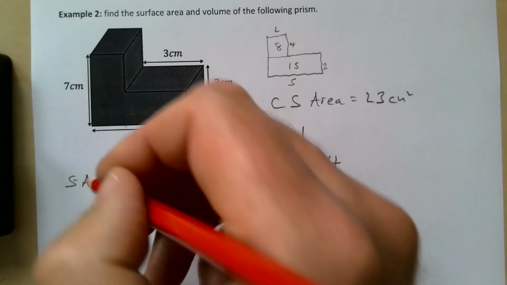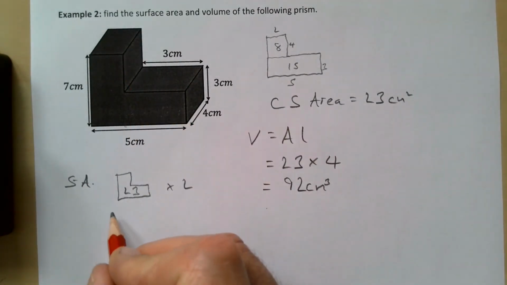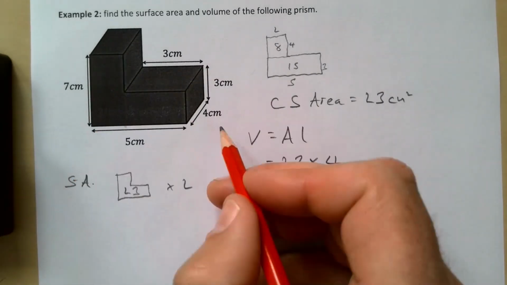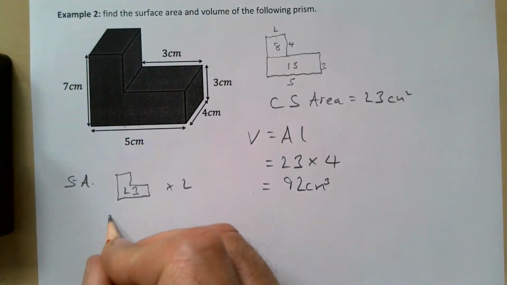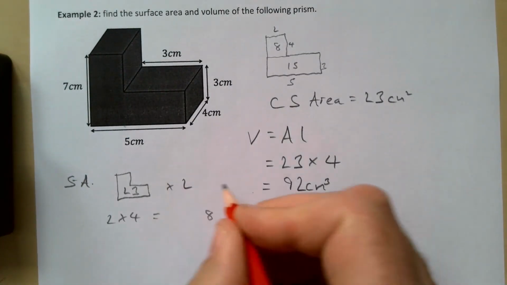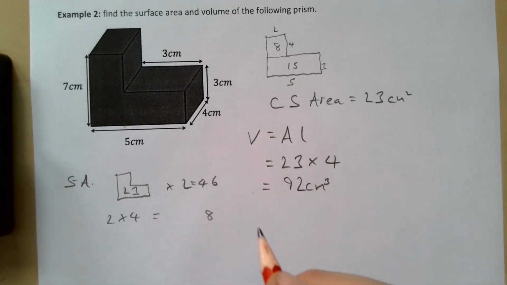Then let's just work our way around all the faces. I'm going to start with this wee top one here. That's 5, that's 3. So that distance there is 2, and that's 4. So 2 times 4, which is going to give me 8. My 23 times 2 gives me, what does that give me, 46.